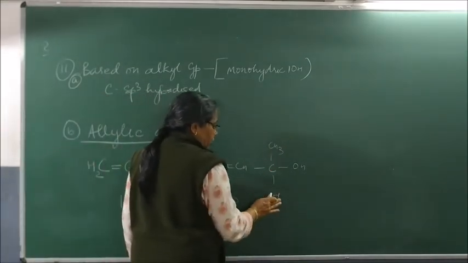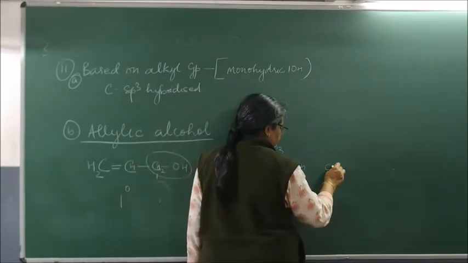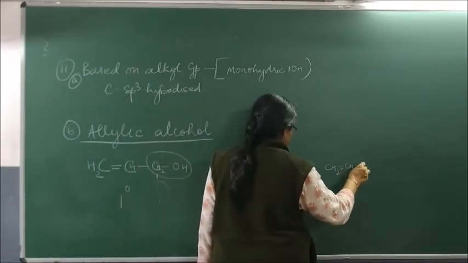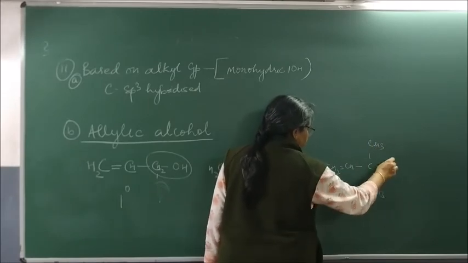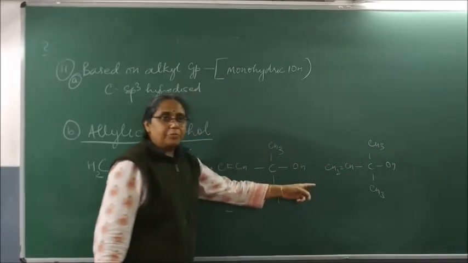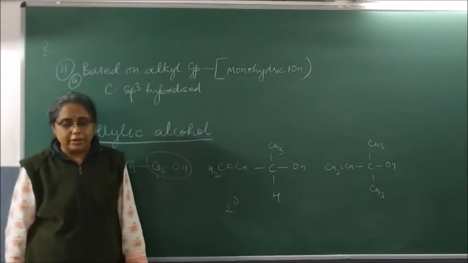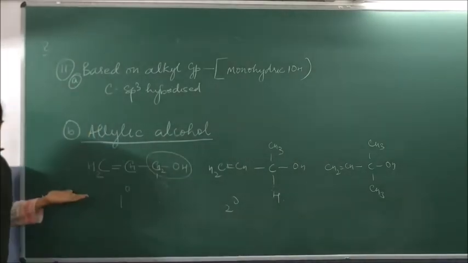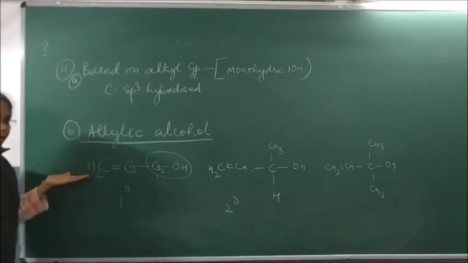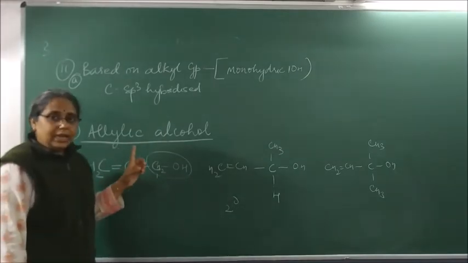And if I add to this, I am writing the next one, CH2=CH, C, CH3, CH3 and OH. This becomes what? Tertiary allyl alcohol. So this is the example of allylic alcohol. What is an allylic carbon?